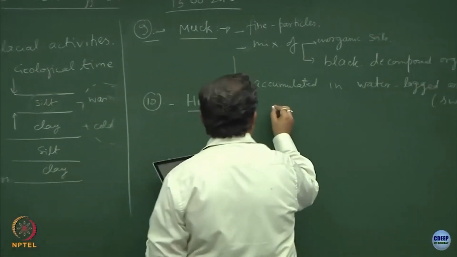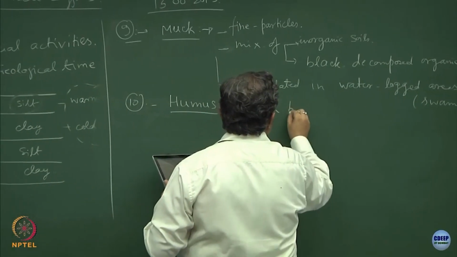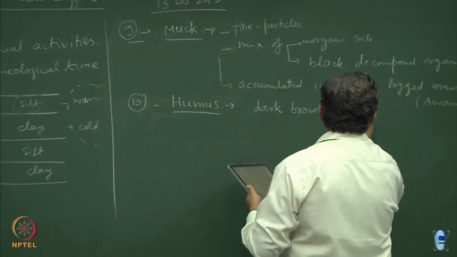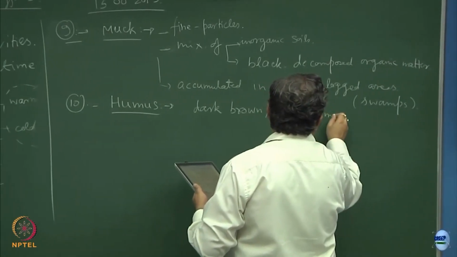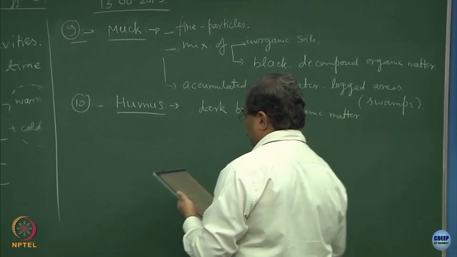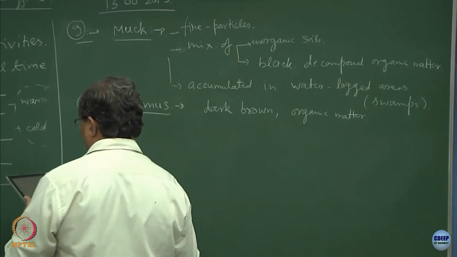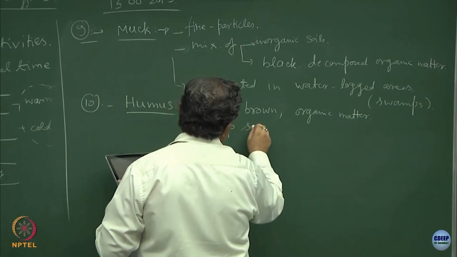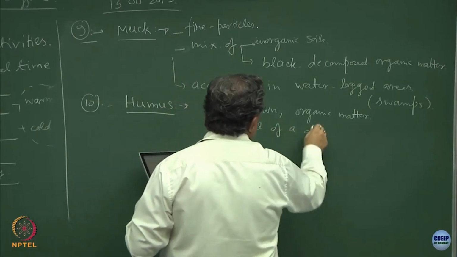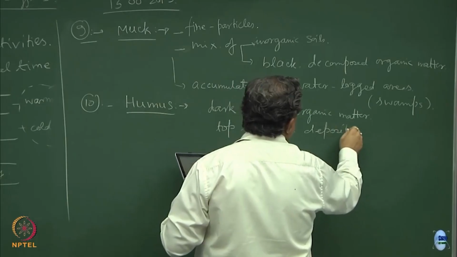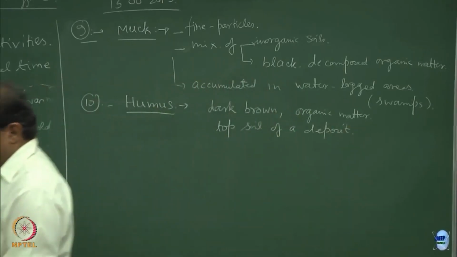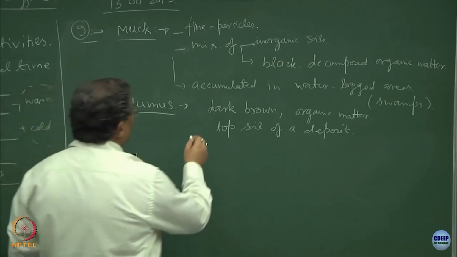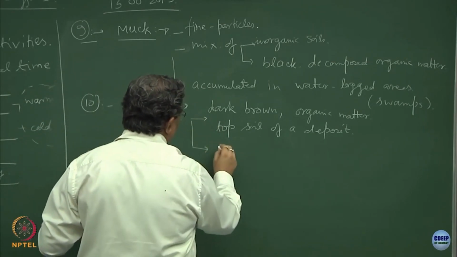These are mostly dark brown, these are organic matters and this is normally the top soil of a deposit. One of the characteristics of this material is that it would have partially decomposed vegetation in it.